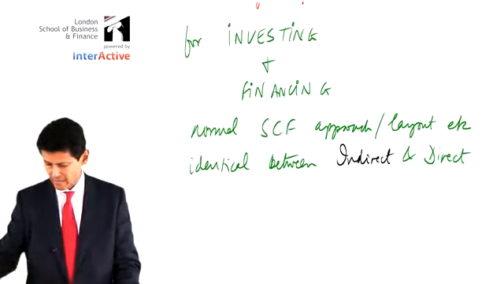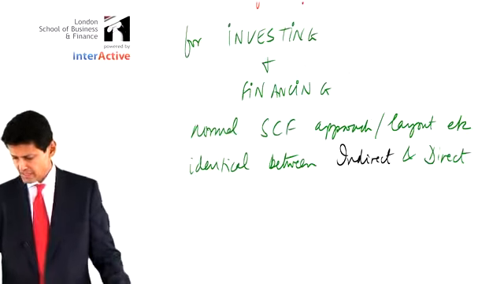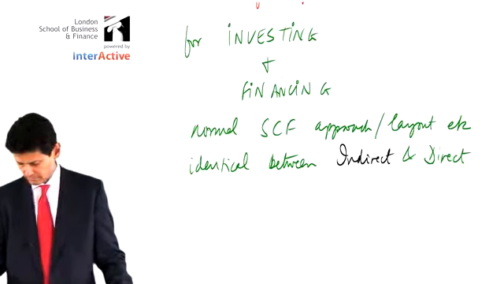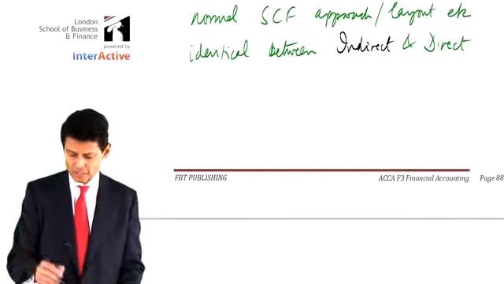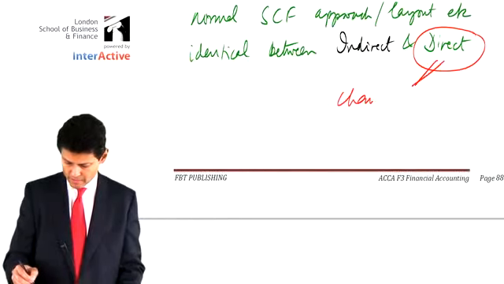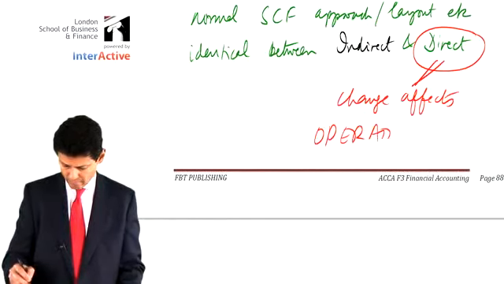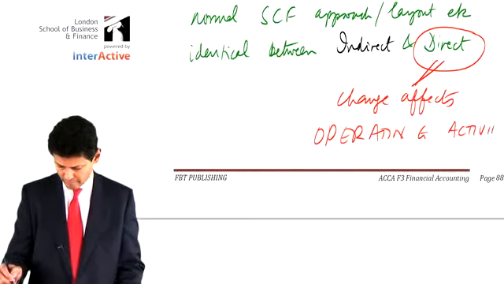So let's make that clear. For the word indirect, which is the normal method, everything is exactly the same, except when you're doing your operating. So this change affects operating activities only.